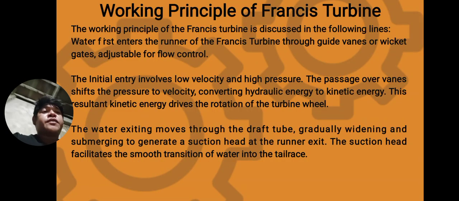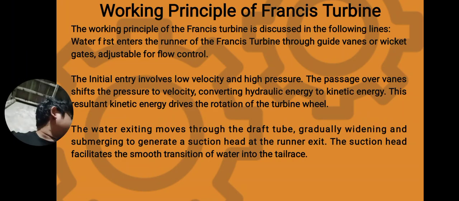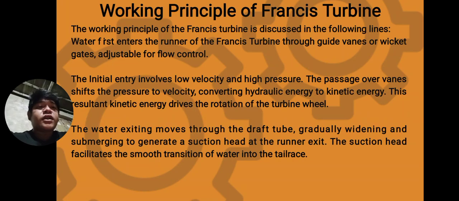And this is the working principle of the Francis turbine. Water first enters the runner of the Francis turbine through guide vanes or wicket gates, adjustable for flow control. The initial entry is low velocity and high pressure. The passage over the vanes shifts the pressure to velocity, converting hydraulic energy to kinetic energy.